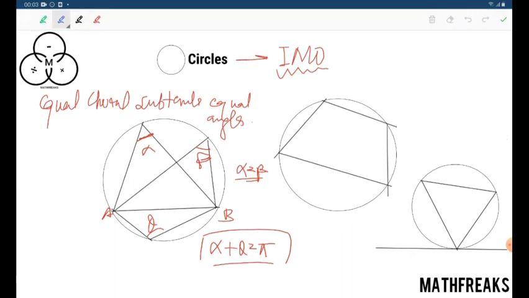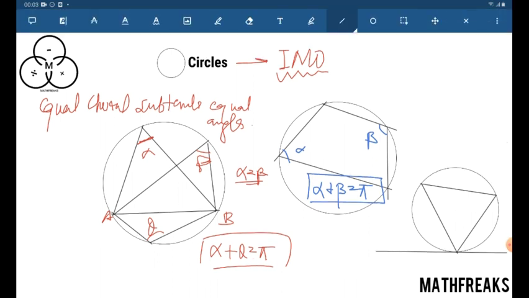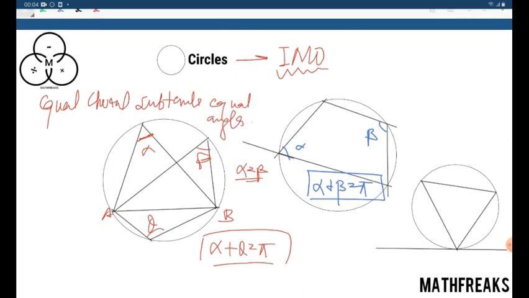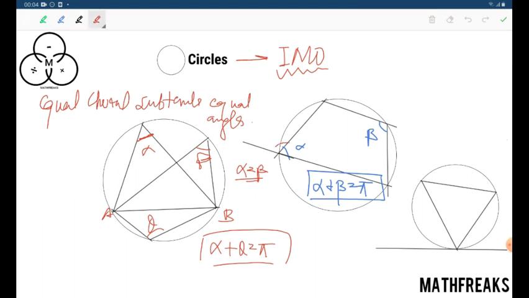So what happens in a cyclic quadrilateral? In a cyclic quadrilateral, the opposite angles are supplementary. This is alpha, this is beta. Alpha plus beta equals pi. If we extend this side, then this will be the exterior angle, say theta.